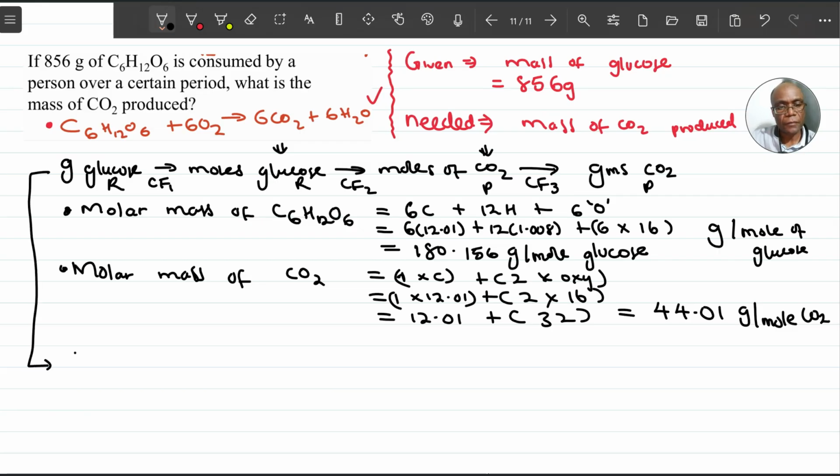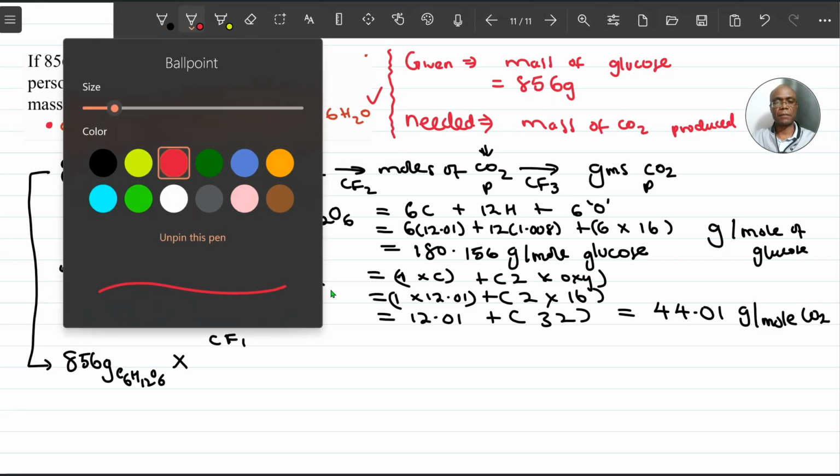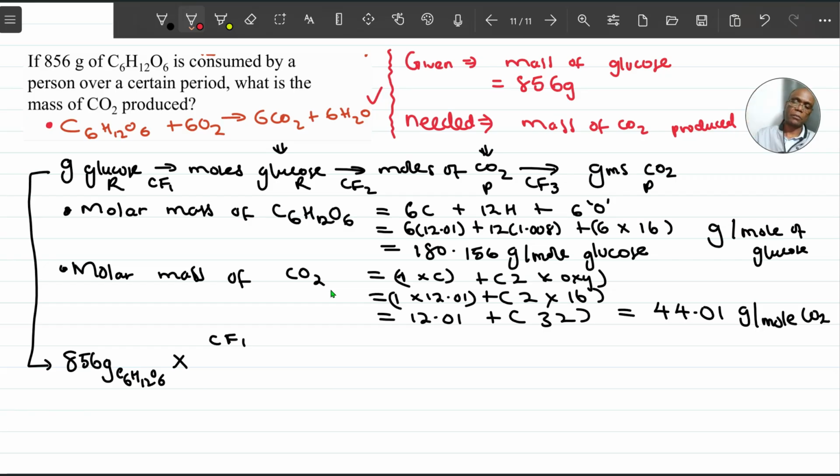So I'll take my 856 grams of glucose, C6H12O6, and convert these to moles using my conversion factor 1. What is my conversion factor 1? Conversion factors, remember, are used to help you convert from one unit to another.